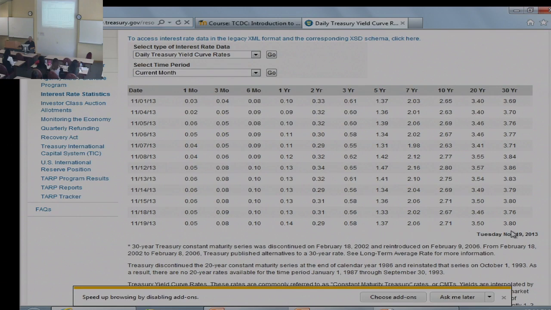Look at this. The yield curve is still upward sloping. But look at the 1-year rate. Interest rates are very, very low in America, aren't they? That's incredible. You invest in a 30-year government bond, you're going to get an annual yield of 3.8%, which is, what do you think inflation's going to be in America over the next 30 years?